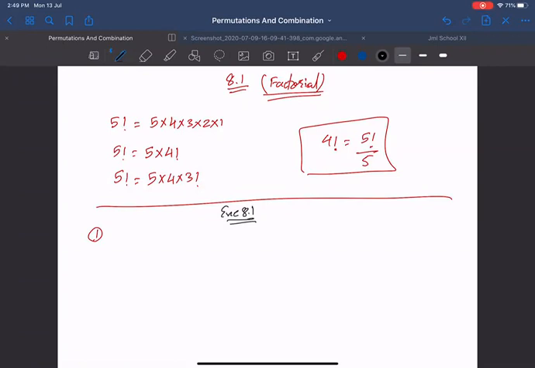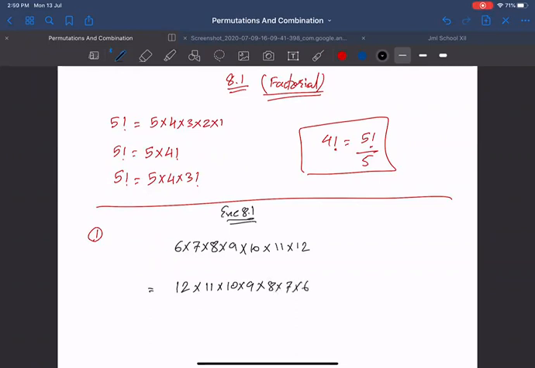Convert into factorial: 6, 7, 8, 9, 10, 11, 12. Write this in factorial. So sir, how do we write this? First thing, you reverse the order: 12, 11, 10, 9, 8, 7, 6.